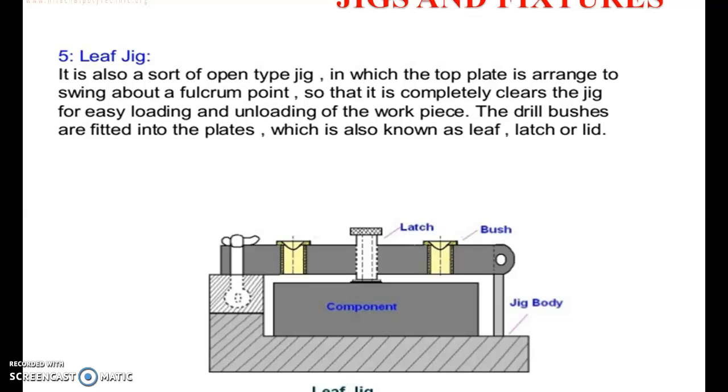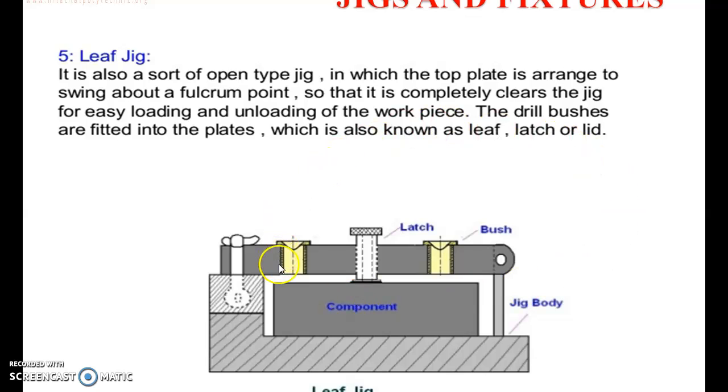The drill bushes are fitted into this plate. Here the drill bush is already fitted in this lip, and after opening this knob, we swing this lip to the open side so that the workpiece can be easily removed from this lip jig, and another new workpiece can be reloaded here, so that it is convenient for the worker to locate it.